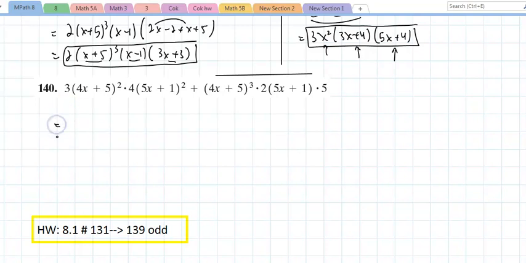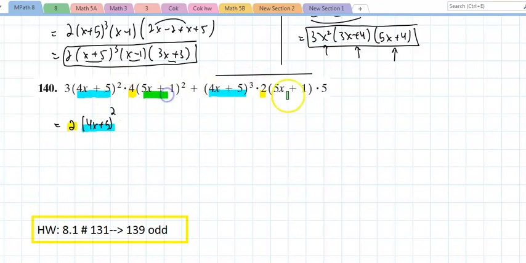The last example I have. If I want to factor, I'm glancing at both. 3 is not common in both. There is something common between the 4 and the 2. 2 is common. They both have a (4x plus 5). I take the one with the least power, which is a 2.